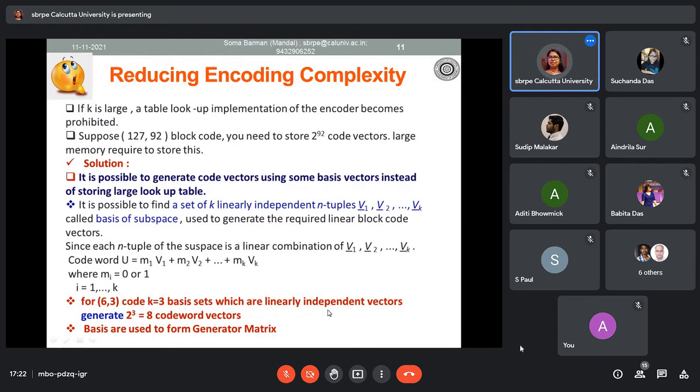But here, V1, V2 and V3 are the basis vectors, so the addition of V1 and V2 should not give a result equal to V3, and V1 and V3 should not give a result equal to V2. They should be linearly independent.